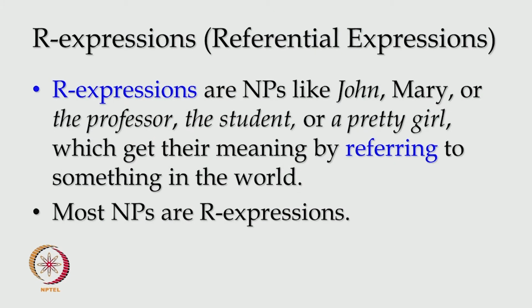When we look at R-expressions, there is nothing fishy about it. The NPs like John, Mary, or student, professor, a pretty girl, or computers, any noun phrase, may or may not have a reference outside the sentence, but within a sentence, it receives its interpretation from the whole set of things available anywhere in the world.